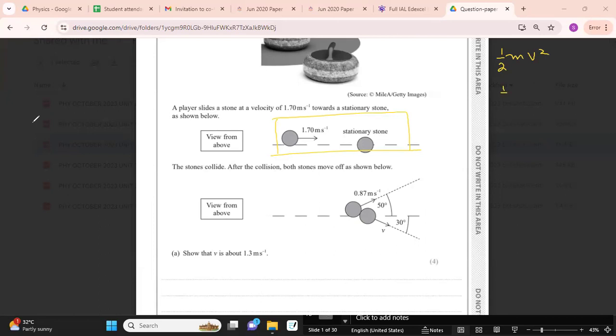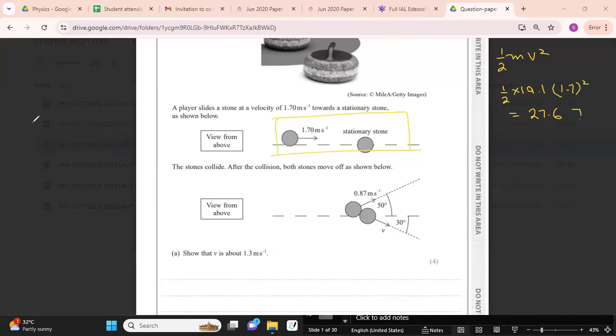Half, the mass is 19.1 and the velocity is 1.7. We don't have to worry about stone number 2 or its kinetic energy because that is stationary. So you simply calculate the numerical value of kinetic energy before the collision.